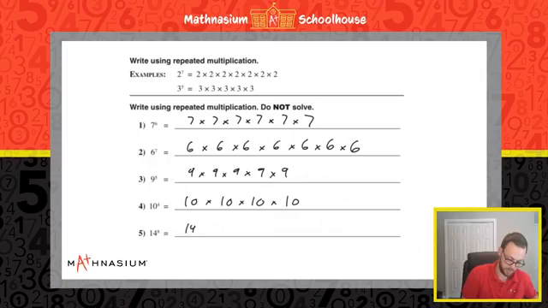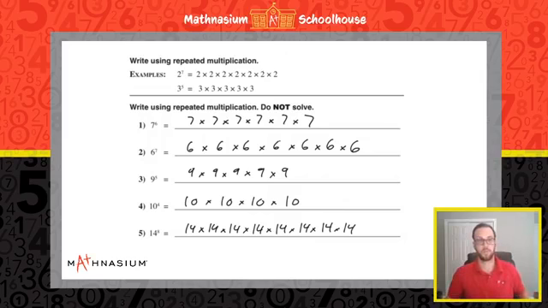And number 5, lots to write here, 14 multiplied by itself 8 times. I think I got all those. 1, 2, 3, 4, 5, 6, 7, 8. Okay, so there we go. A little bit of practice writing exponents as repeated multiplication.